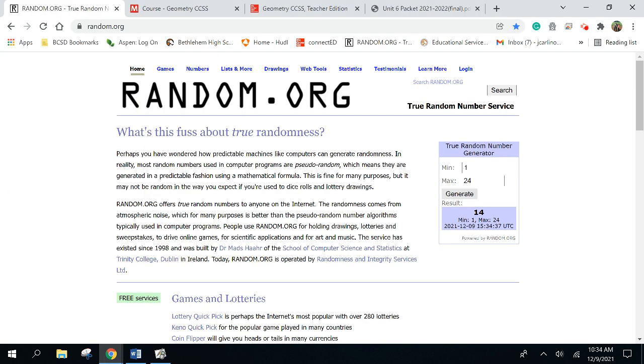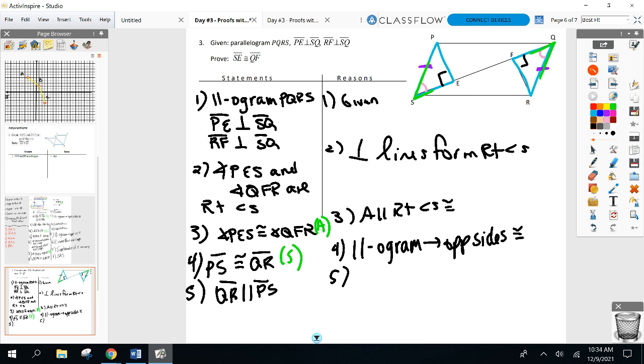All right. 22, back to 22. Why is that true? That QR and PS are also parallel. It's a parallelogram, Aiden. And what are QR and PS? So what do we got? Parallelogram implies? Got it.